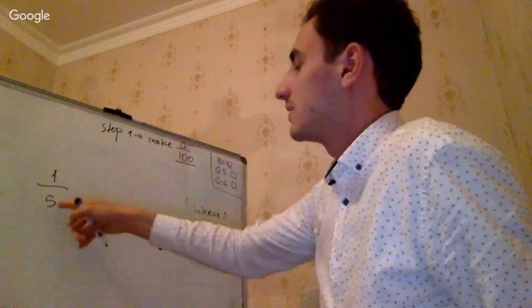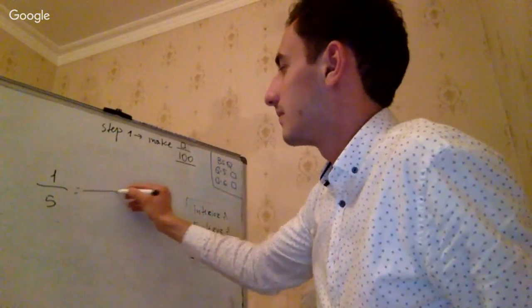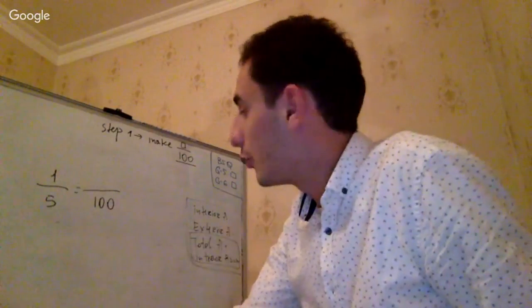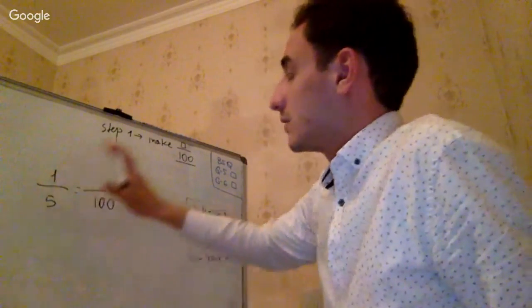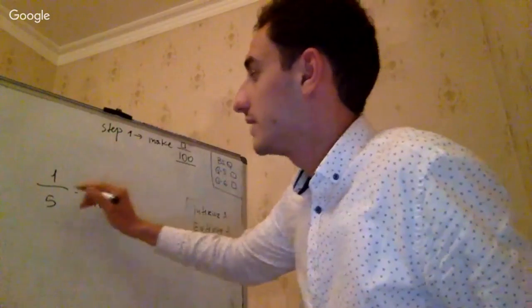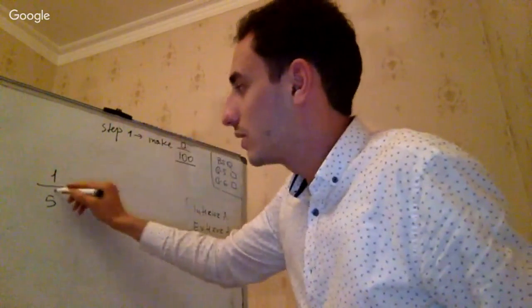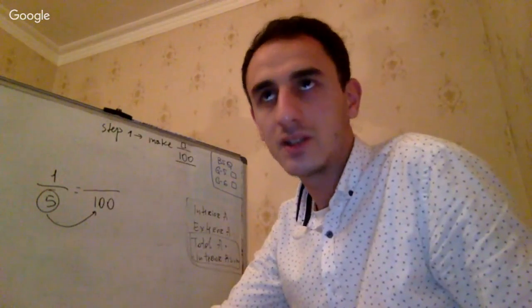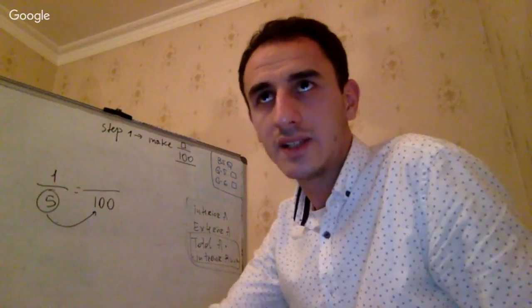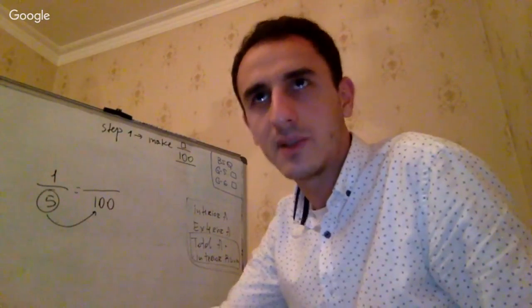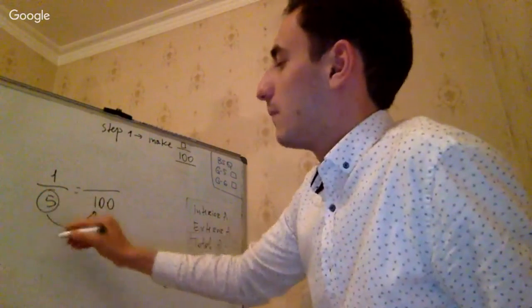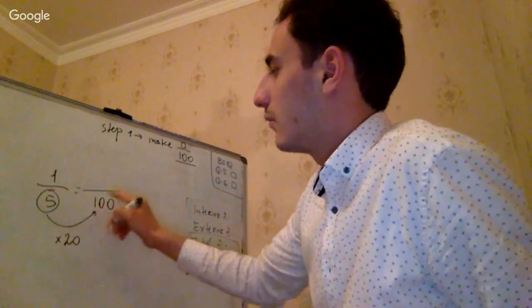But my denominator is not 100 here. I need to write 100 here. But how? I need to think how to come from 5 to 100, by multiplying or dividing. So if I multiply 5 by 20, then I'll have 100, right?